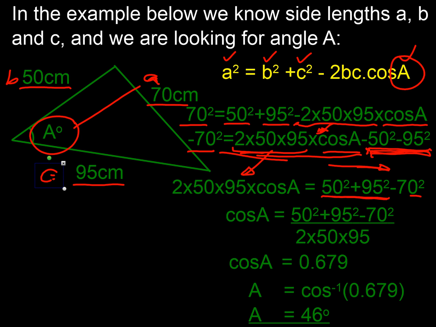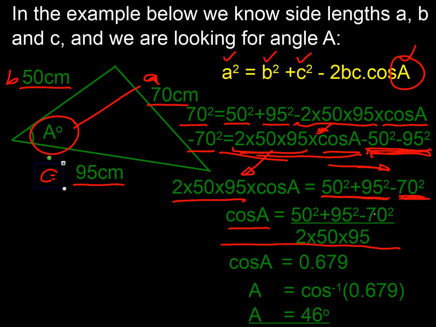As you can see, I've got the two sides added together, squared, and then the other side taken away, squared. I now want to get rid of this multiplied by 2 times 50 times 95. How do I do that? If I've got cos times those, then I divide by them. So effectively my formula just gets rearranged.